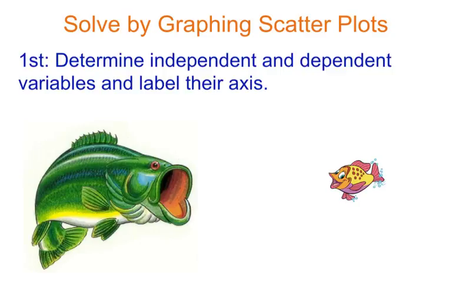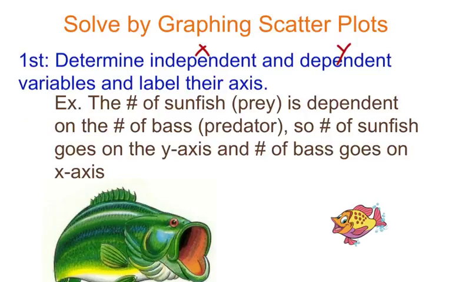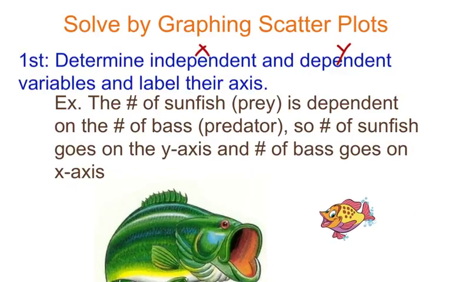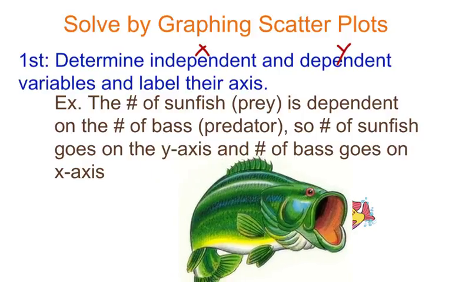Alright, the first step to doing this is determine the independent and dependent variables and label their axes. And our independent is going to be our x. Our dependent is going to be our y. So in our example, the number of sunfish, our prey, is dependent on the number of bass, our predator.